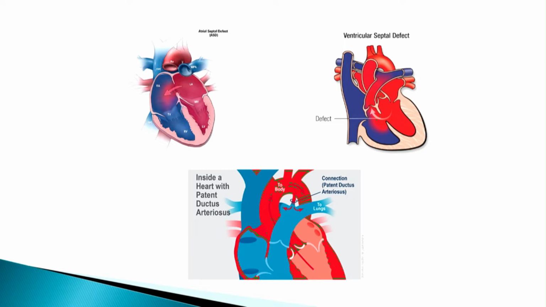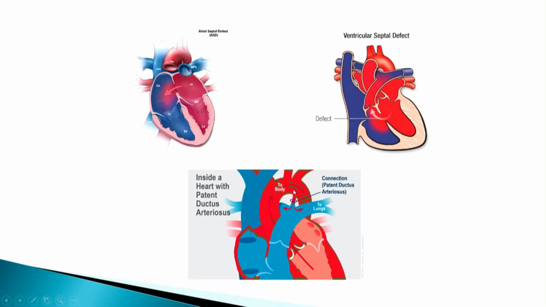Here we can see examples of shunting of blood from left to right, as in case of atrial septal defect, ventricular septal defect, or patent ductus arteriosus. Here, shunting of blood from left to right is due to forceful contraction of the left side of the heart.